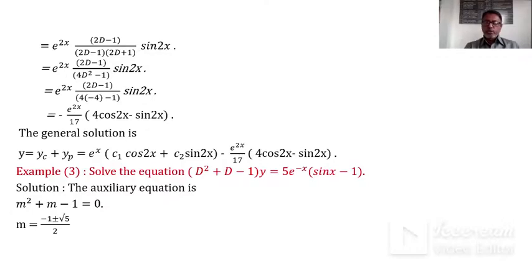We know how to find the roots of a quadratic equation: minus b plus or minus under root of b square minus 4ac upon 2a. Using that result, you have studied this previously, therefore I have taken directly m is equal to minus 1 plus or minus root 5 upon 2.